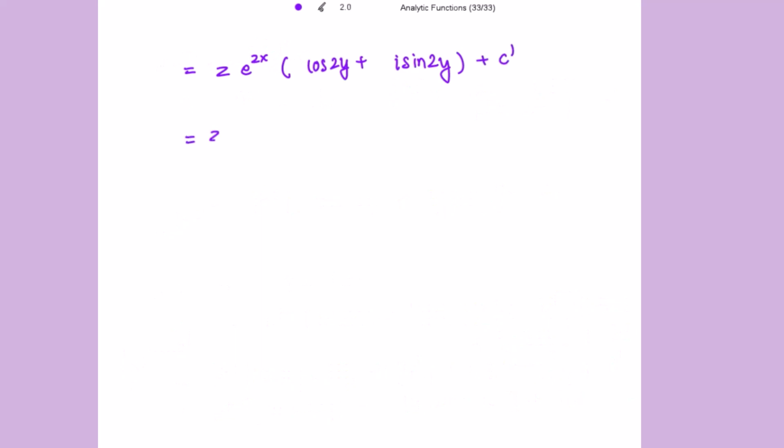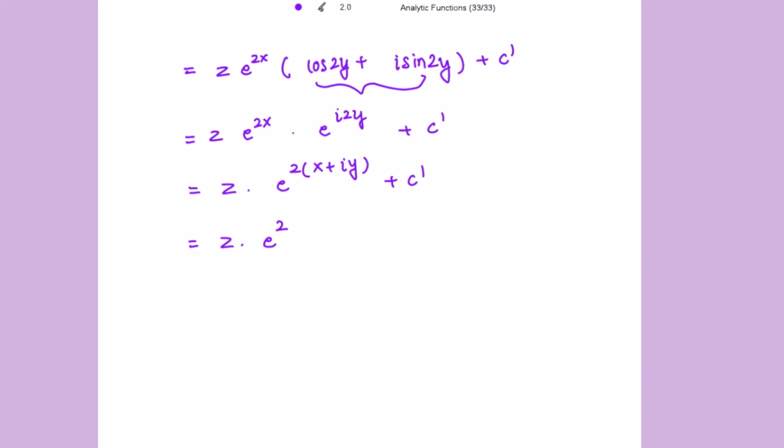So this is equal to z e^(2x), and by Euler's formula this is equal to e^(i2y) plus C', which is further equal to z into e^(2(x + iy)) plus C', that is equal to z into e^(2·(x + iy as z)).